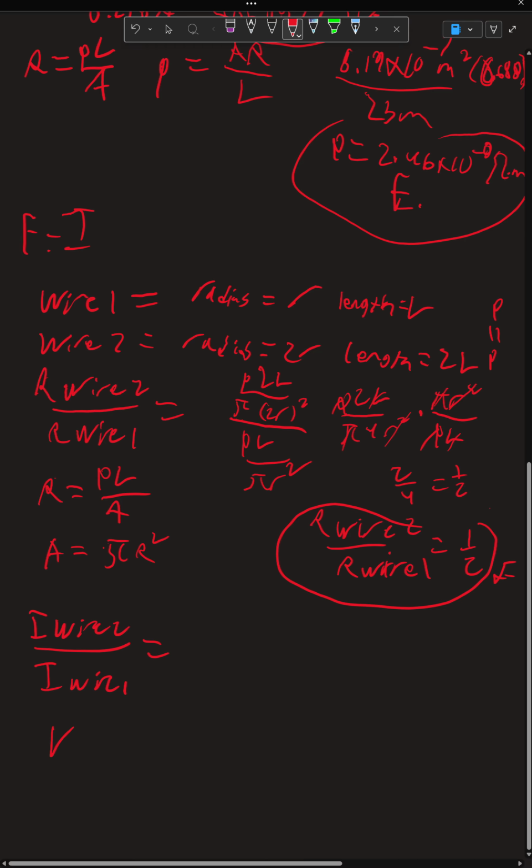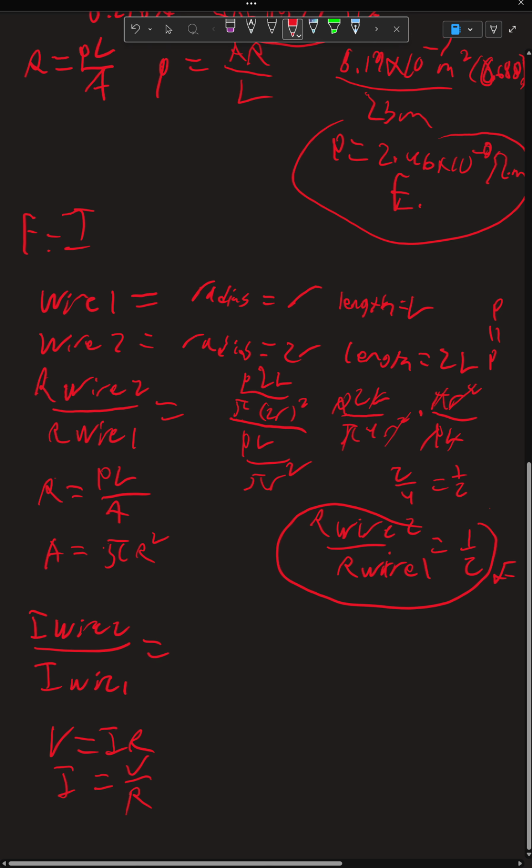V equals I R. We just leave I by itself, so I equals V over R. And the potential difference, like it says, is the same.